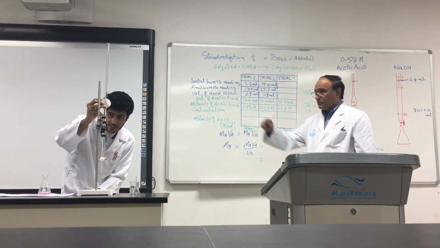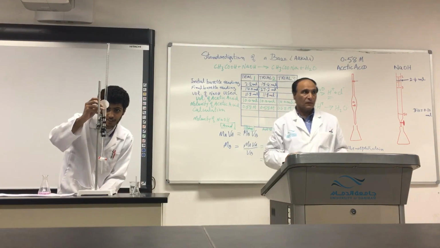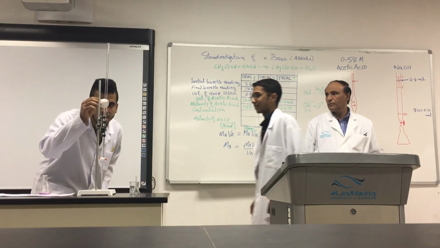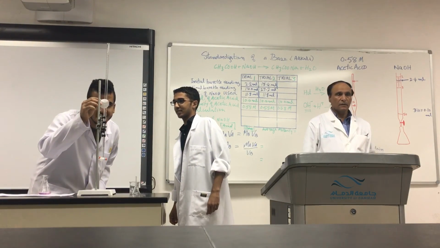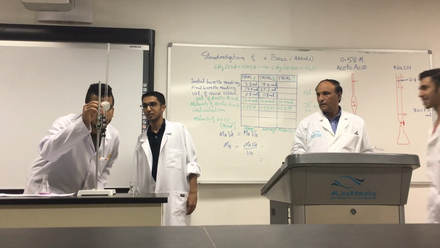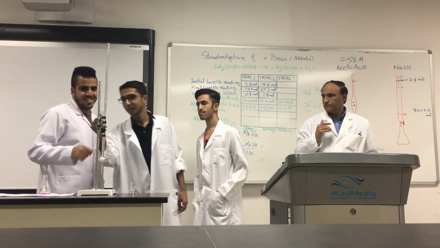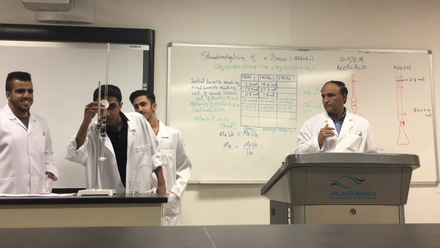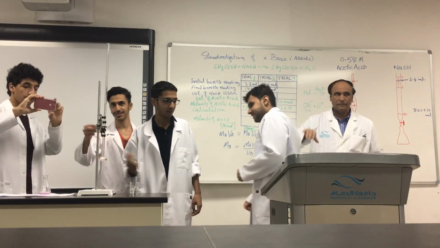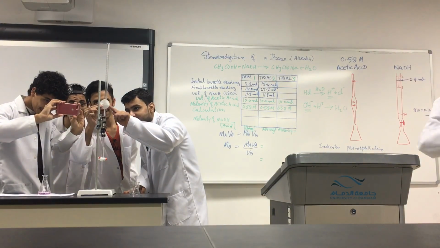If anybody else wants to see this one, come here and see how much that is. How many lines? Okay, give him. Let him. You are going to do this by yourself next time.